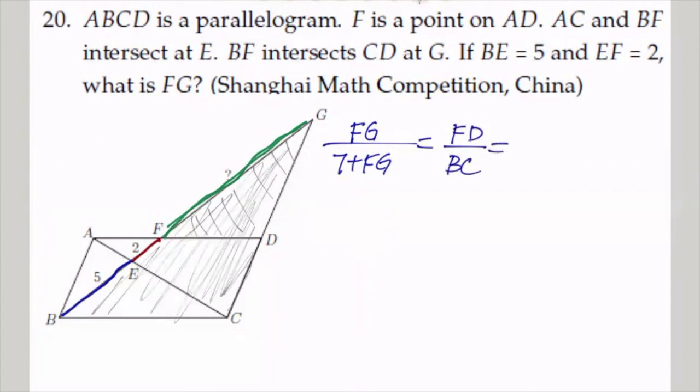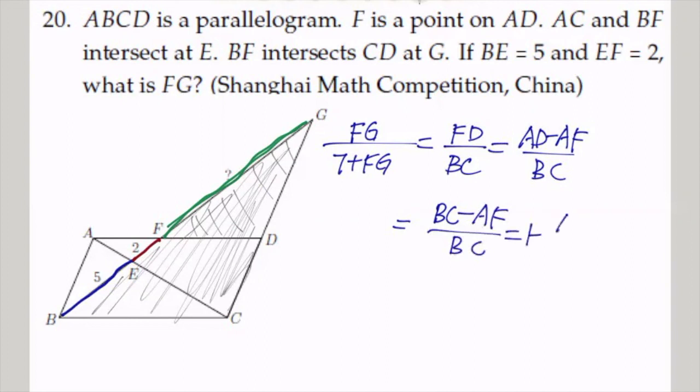And FD equals AD minus AF over BC. And this is a parallelogram, which means that AD and BC are the same. So it's BC minus AF over BC, which is 1 minus AF over BC.